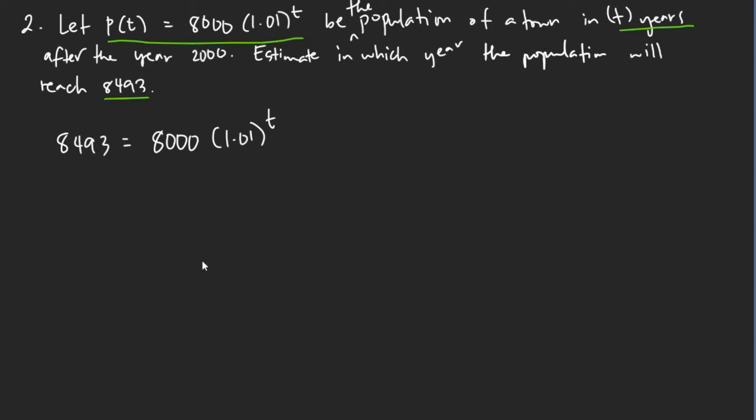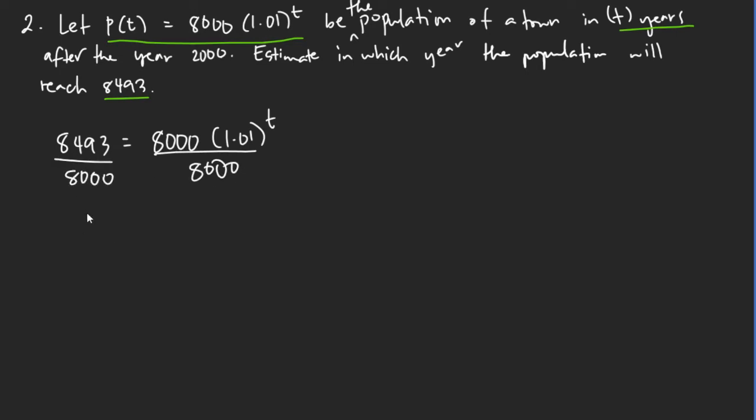So, what we need to do is to cancel out the exponent just beside the Euler, because what we need to do to get t is to remove any unnecessary number or variable beside it. Okay? So, we need to cancel out 8,000. So, we need to divide both sides by 8,000.